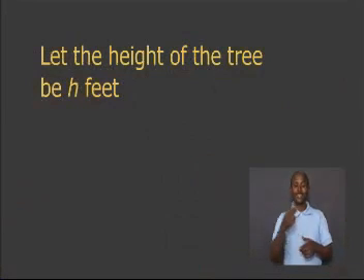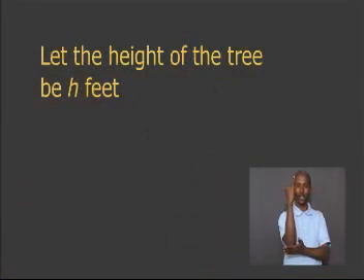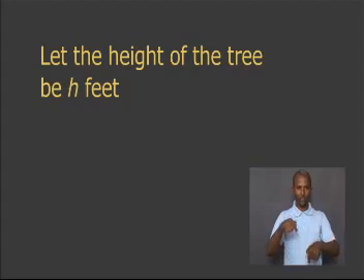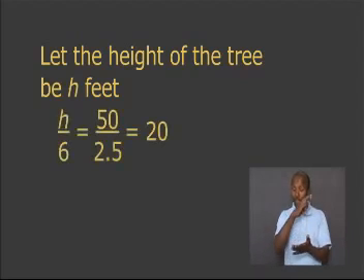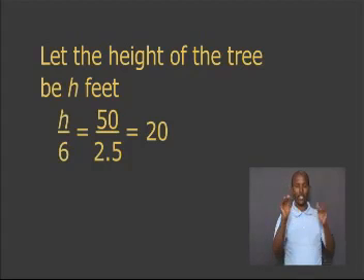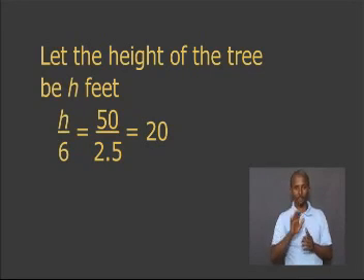Let the height of the tree be h feet. In that case, h over 6 equals 50 over 2.5. This equals 20.